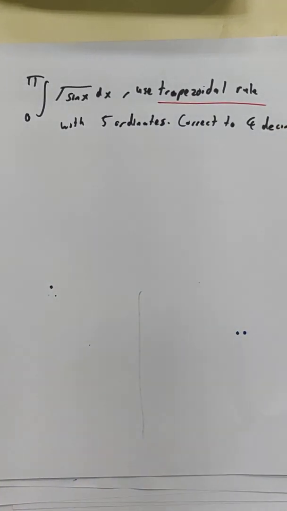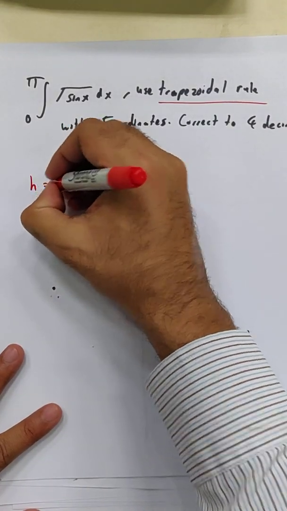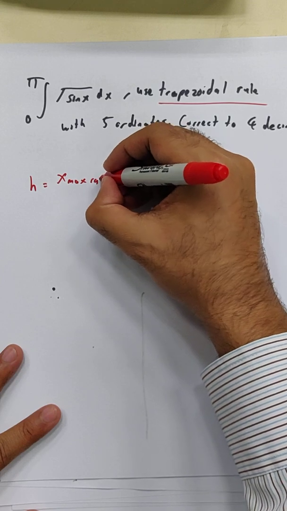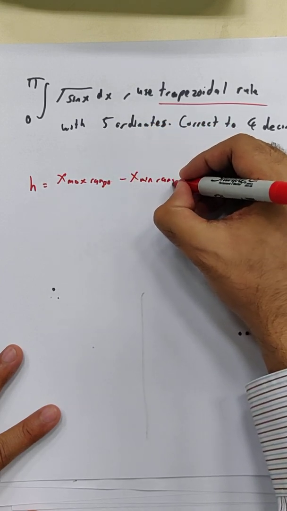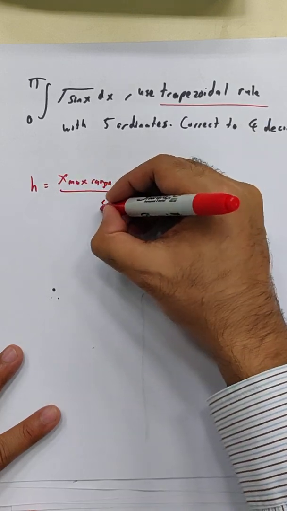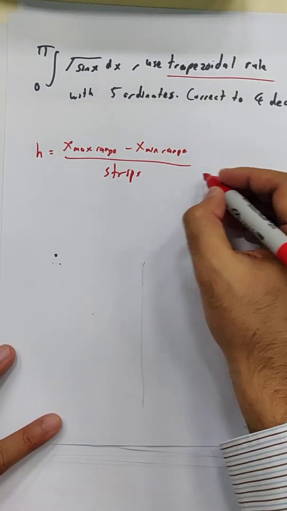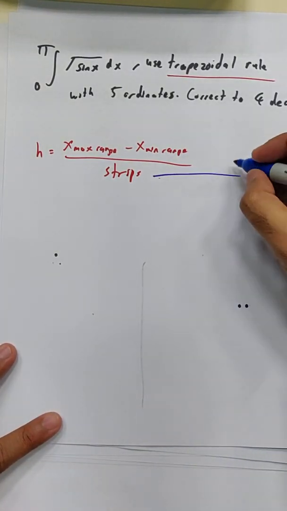Okay, good luck on your own. I will just write down the formulas. h equals x max, the range, minus x min, the range, over strips, where strips is, how do I get the number of strips?